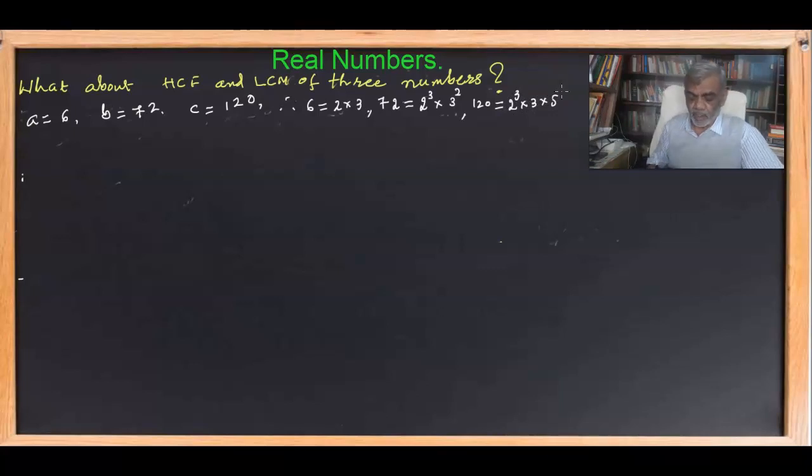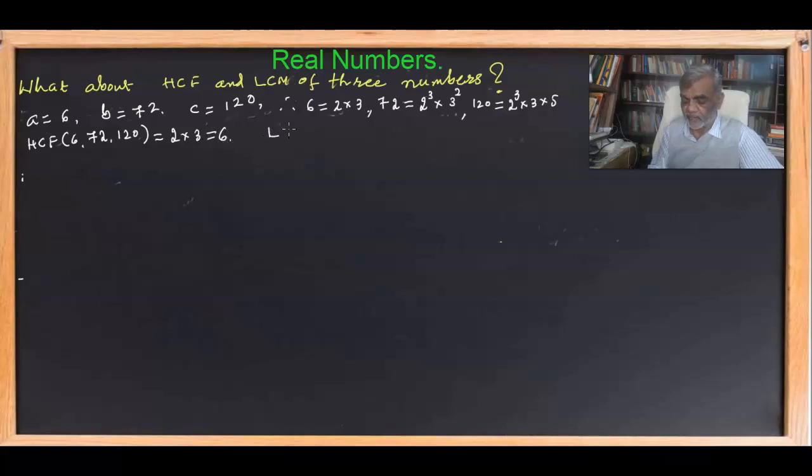Now, by the definition of HCF, the HCF of 6, 72 and 120 is the least power of the prime factors involved in the three numbers. 2 is the least and 3 is the least, that is 2 into 3, that is 6.